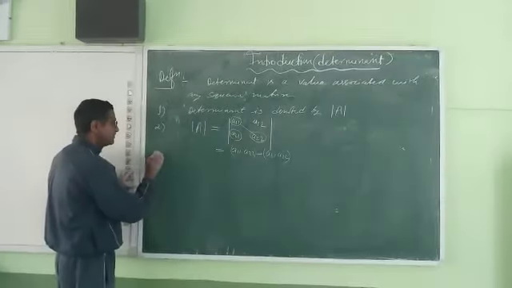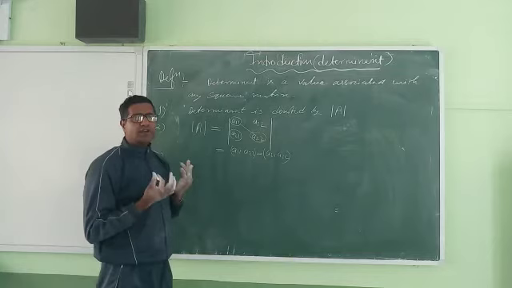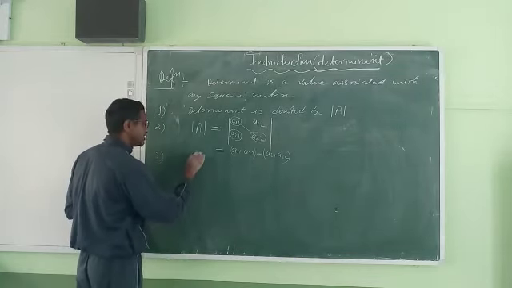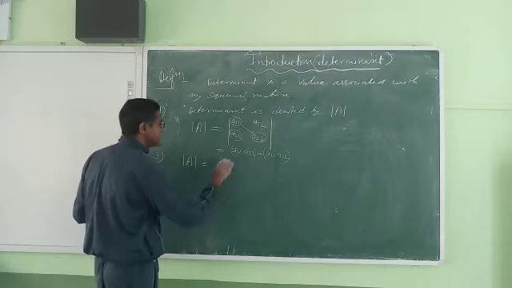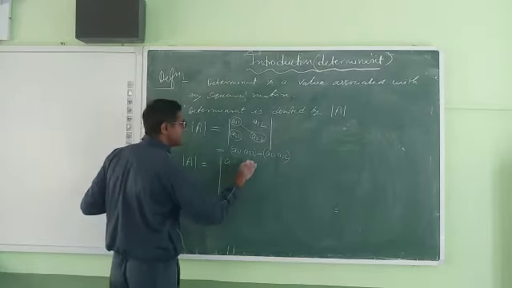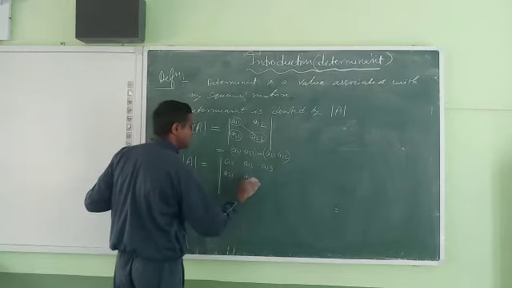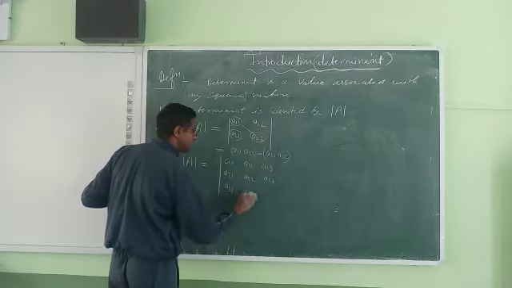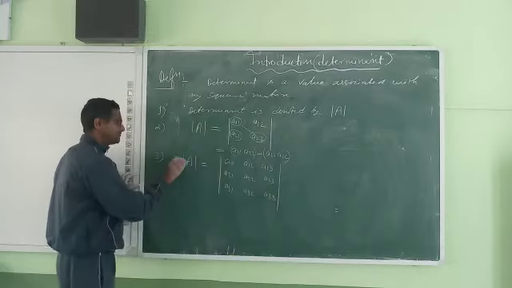Okay, now the third point, how you will solve a determinant of order 3 by 3. Let us suppose we have a determinant of order 3 by 3 having elements A11, A12, A13, A21, A22, A23, A31, A32, A33.